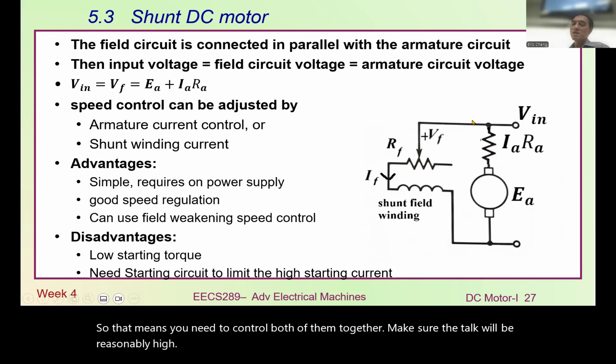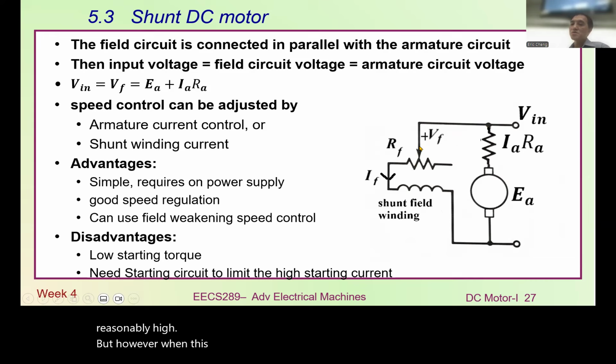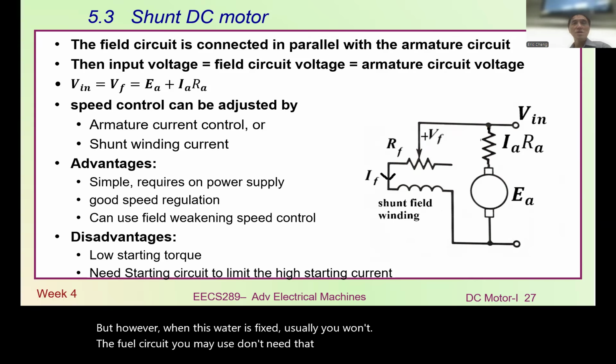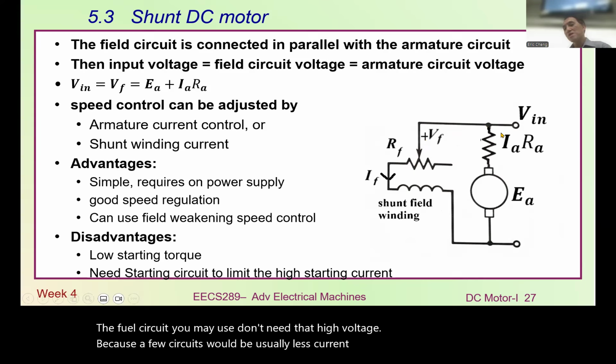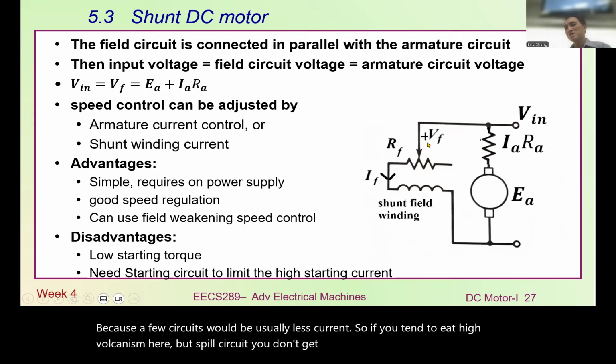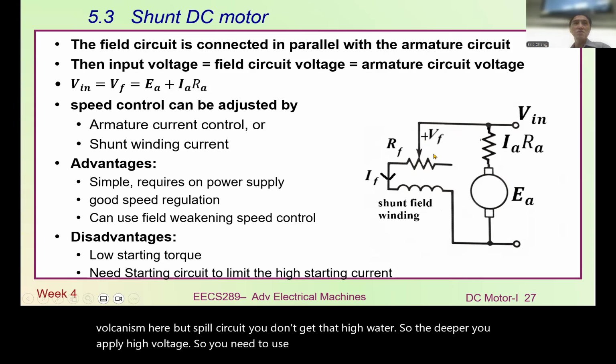However, when this voltage is fixed, usually you don't need high voltage for the field circuitry because the field circuit will be using less current. So if you tend to use high voltage in here, but the field circuit doesn't need the high voltage, you deliberately apply high voltage, so you need to use a high resistance variation here.